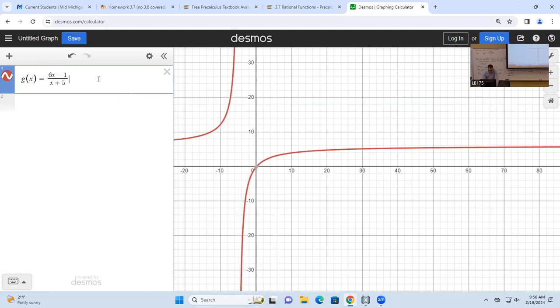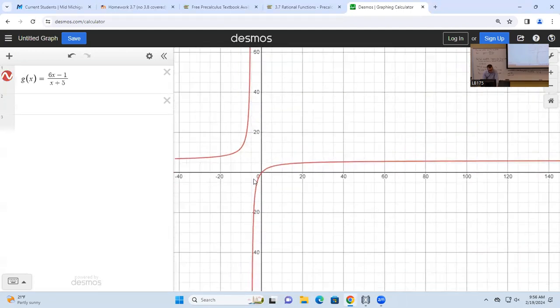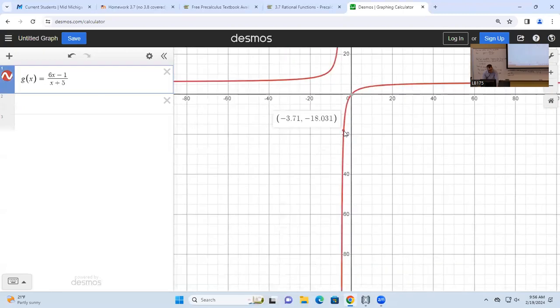Sure enough, if you look at what's happening, as your x gets closer and closer and closer to -5, on the right-hand side, a little bit above -5, we're going off to negative infinity.